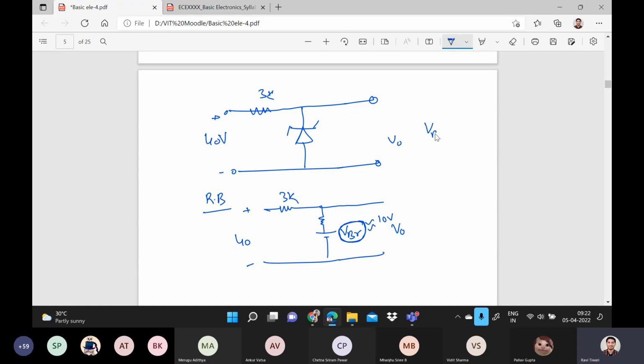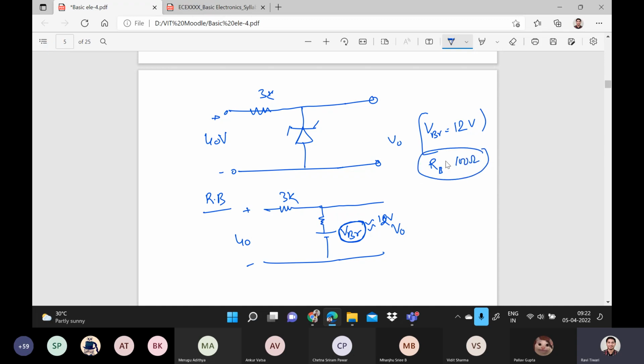Generally, they will provide you this value. They will give VBR, suppose 12 volt, so you can consider 12 volt. If they have not specified, you can consider as 10 volt. And this resistance value is very small, and they will specify that the reverse breakdown resistance RB is around, suppose, 100 ohm.